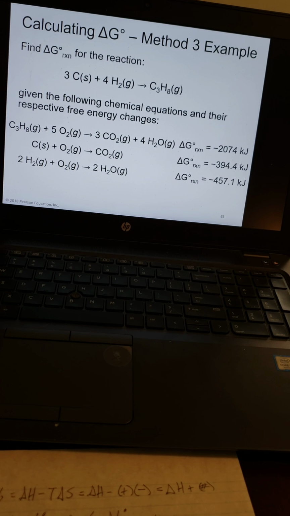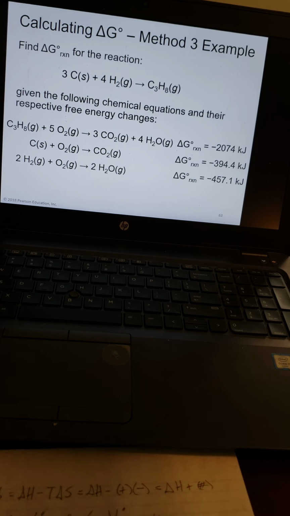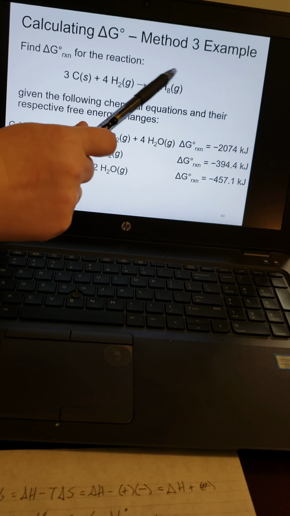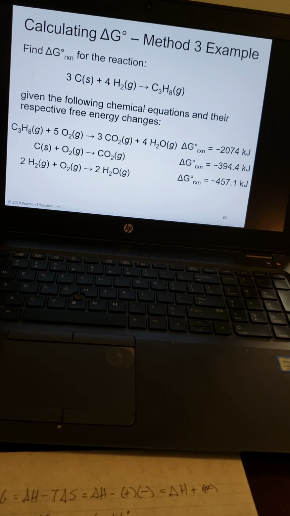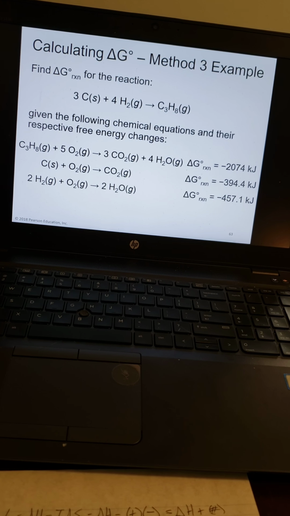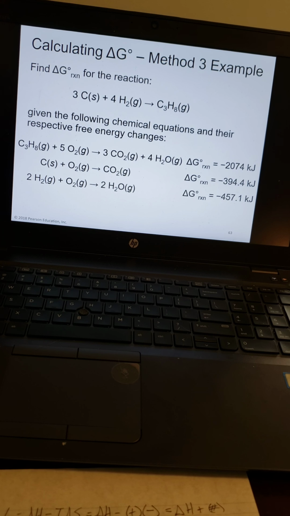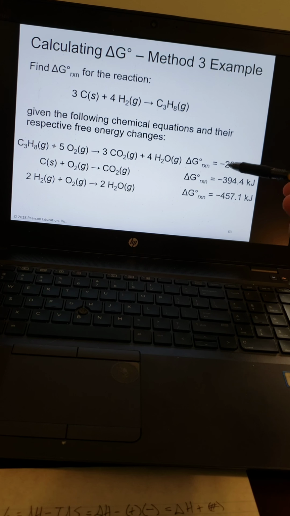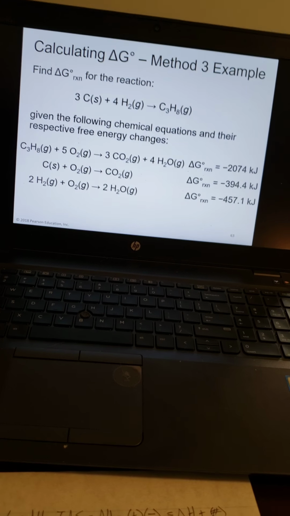So the last thing we need is our propane. We need 1 mole of propane as a product. This reaction gives me 1 mole of propane as a reactant. So I don't need to change the coefficients. I do need to change the side it's on. So I need to flip it, which means I'm going to change the sign of that value, and that's going to go from negative to positive.